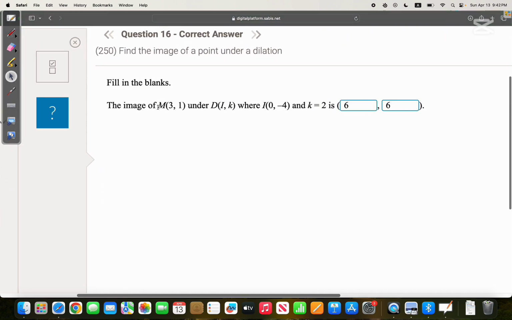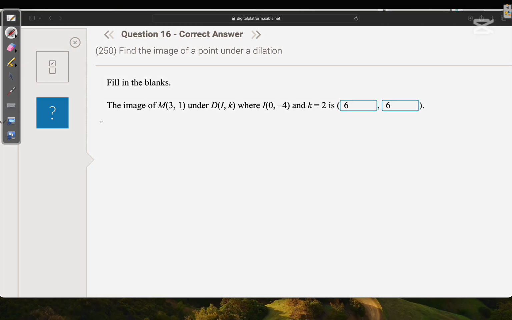16. The image of 3, 1 under dilation with center I, where I is 0, -4, and k equals 2. So first of all, we need to write the rule. So this is dilation.